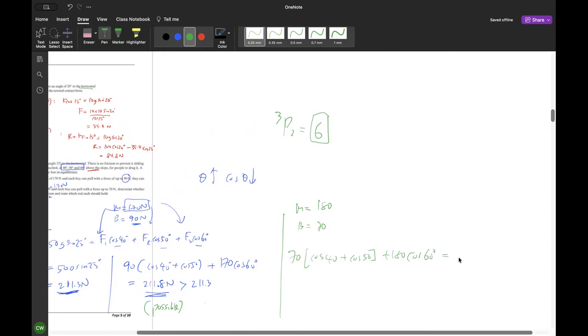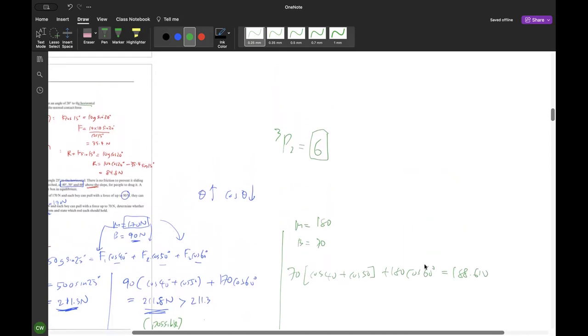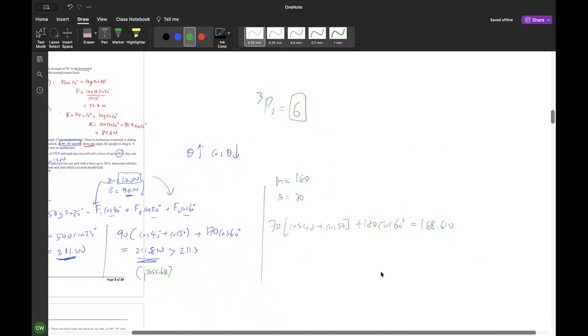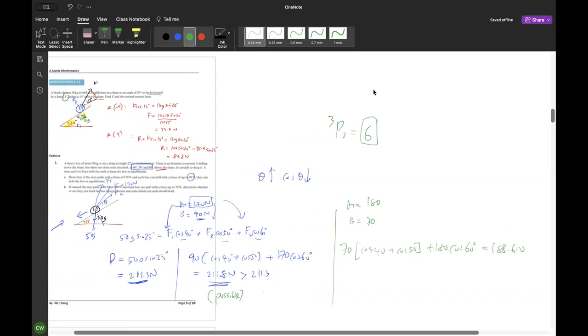What is this value? 186. So cannot. Any possible case? Then you have to try one by one because there are 6 combinations. Okay, I don't think it will come out in the exam. Too many things, the calculation is too much.